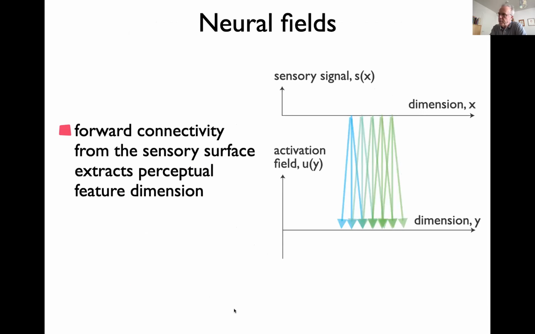So I want to make this a little bit more explicit and link it to the concept of a tuning curve or receptive field. So let's say we have a whole ensemble of sources of input. I call this a sensory surface. You can think of it as the retina, let's say, for the moment. So far I'm assuming they're discrete units, but later I'll smear that out and just assume the sampling with discrete units doesn't matter.